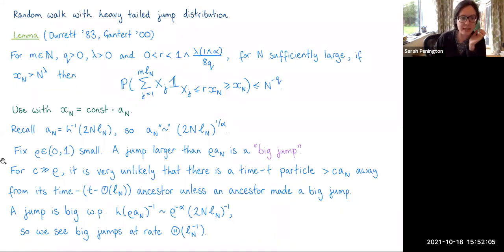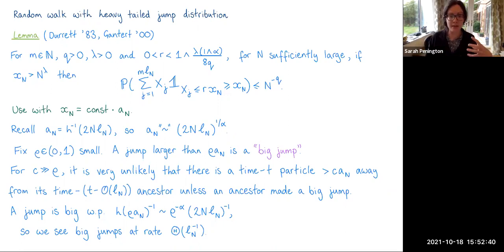So the reason that we can see this is that if we take rho small enough, then we can say that the probability that a random walk moves more than c times an without making a big jump is at most n to the minus 1,000 using this lemma. And that means that the probability that there is such a path in one of the branching random walks that we use to construct the Nparticle branching random walk is also extremely small, just using a union bound.